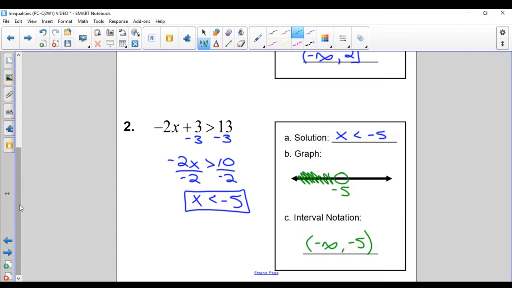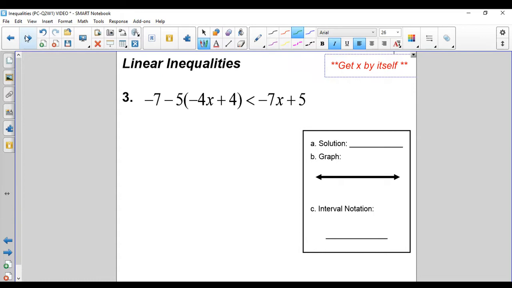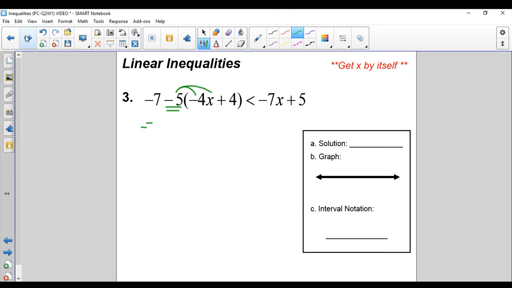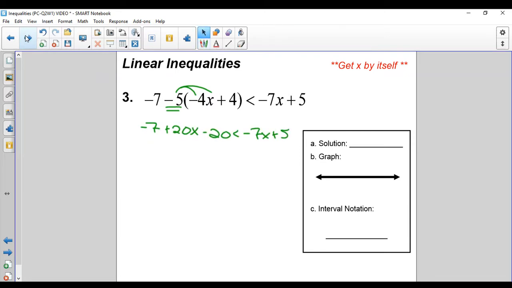Let's check out one more with linear inequalities. Just throwing pretty much the hardest one you'll see with linear inequalities. Just multiple steps. I'll go through it. Start out by distributing. You get -7 plus 20x minus 20 less than -7x plus 5. You know how I like to do things.